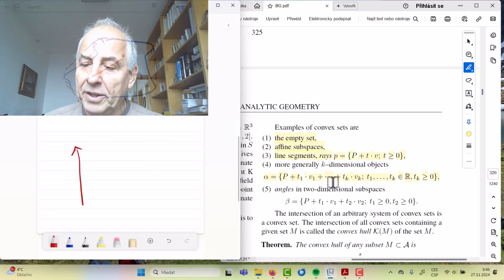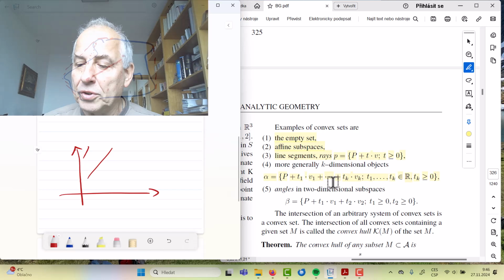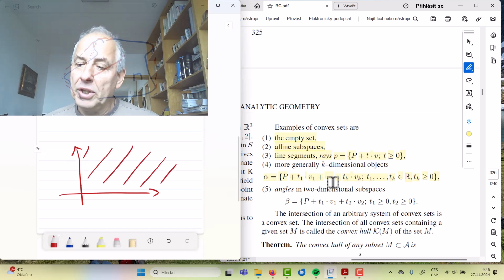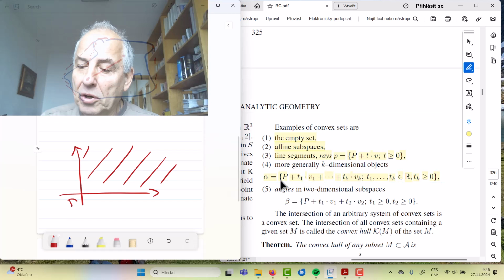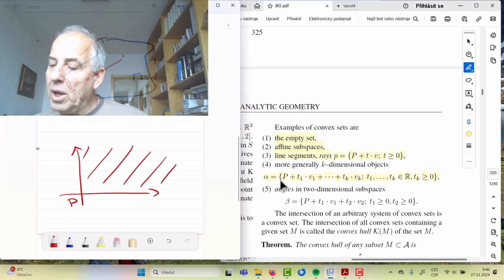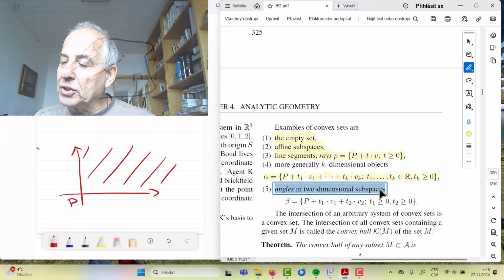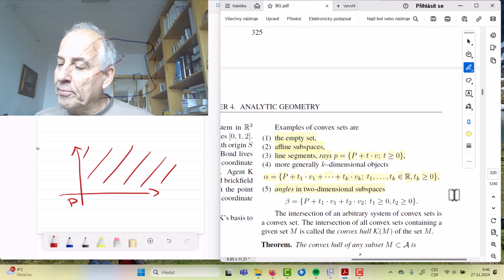So in a plane with coordinates, you simply get all this, right? The linear combinations of the points on the axis with positive coefficients. So why not, right? P is the origin. You can also take angles, right? The angles will be taking two vectors.